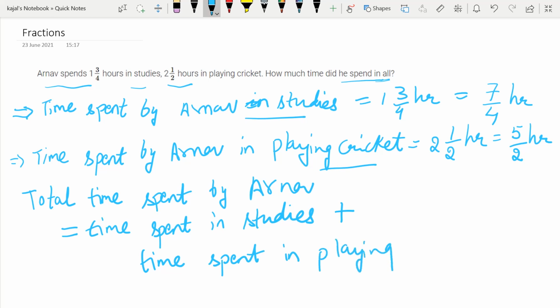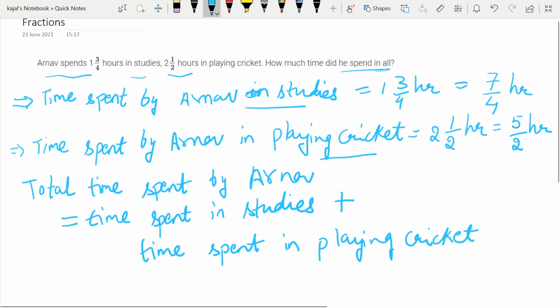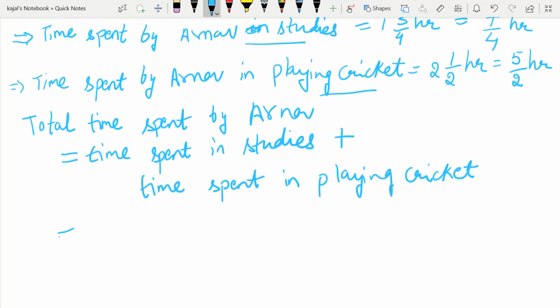We have to write the proper steps because in mathematics each step has a number. So you have to write the proper steps. Steps must be correct. Now we all know the time spent in studies is 7 by 4 plus the time spent in playing cricket is 5 by 2.